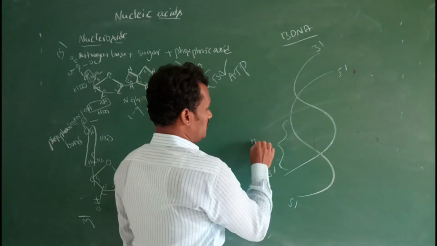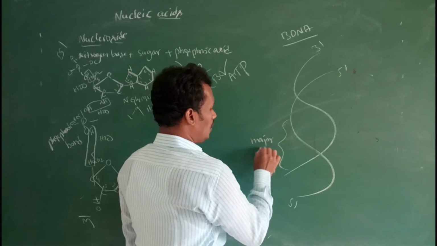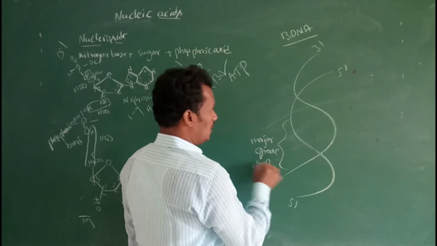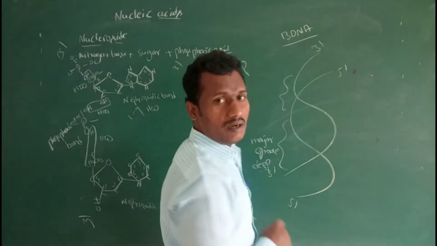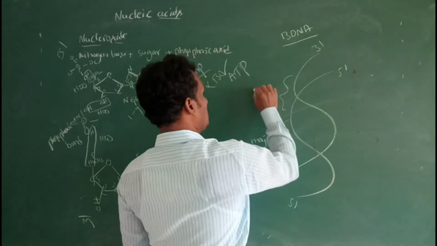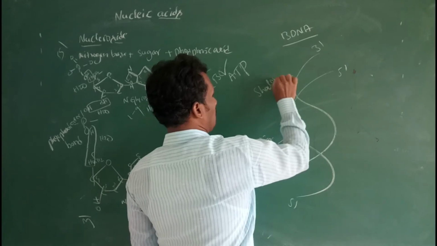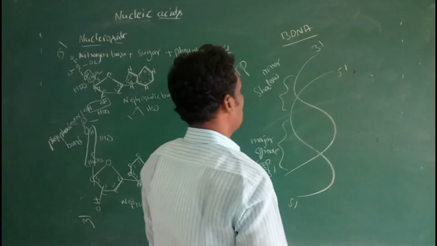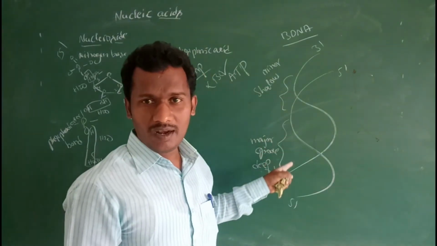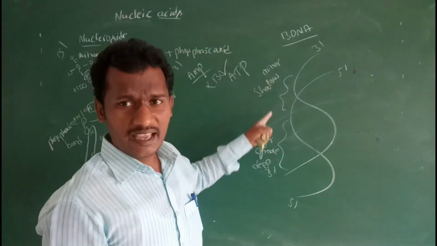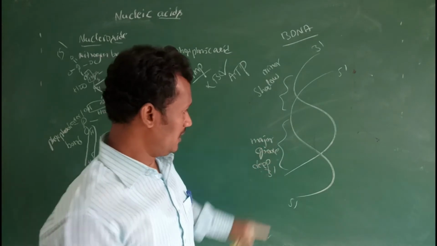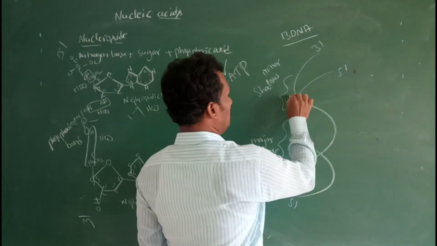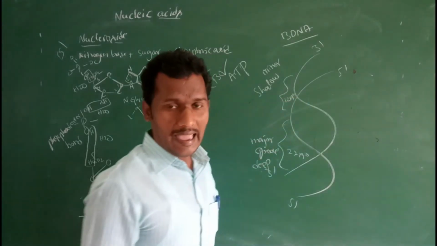The large groove means the major groove, that means a deep groove. The smaller groove, the shallow groove, is the minor groove. So one major groove and one minor groove make one turn. The major groove is approximately 22 angstroms, the minor groove approximately 12 angstroms.